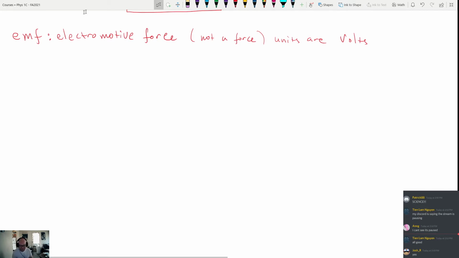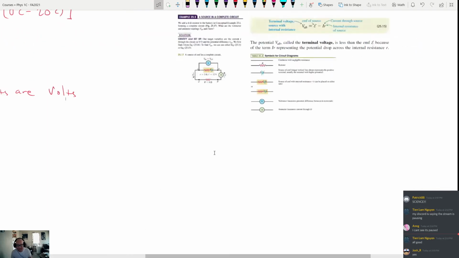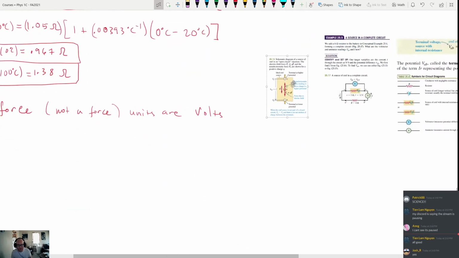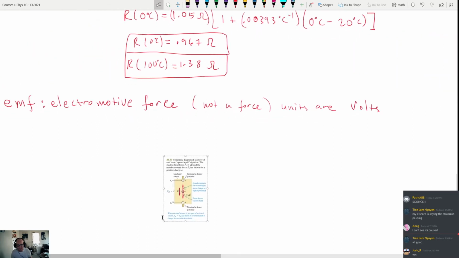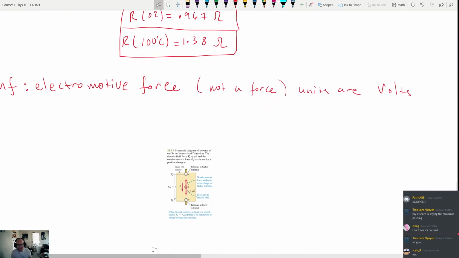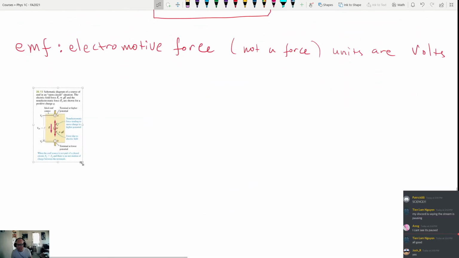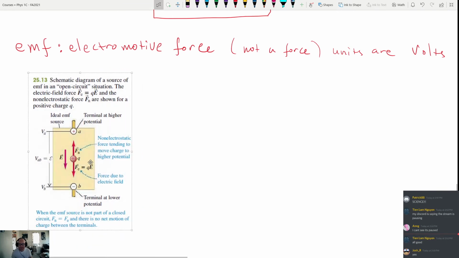So in order to envision what this is, we can imagine that a battery can be thought of as something like this here. Okay, so not just a battery, but really any EMF source.